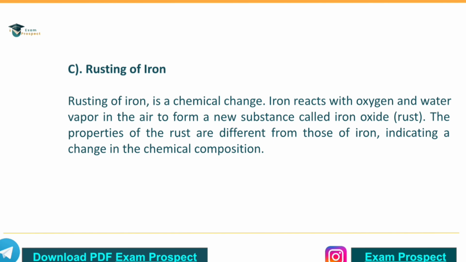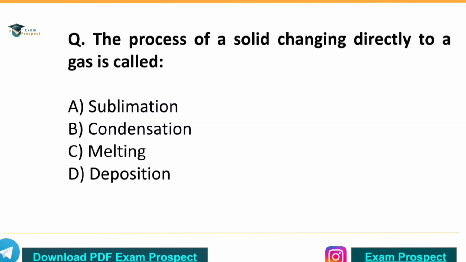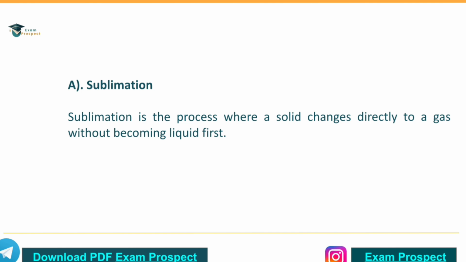Rusting of iron is a chemical change. Iron reacts with oxygen and water vapor in the air to form a new substance called iron oxide. The properties of the rust are different from those of iron, indicating a change in the chemical composition. Next question, the process of a solid changing directly to a gas is called? Correct answer is option A, sublimation.